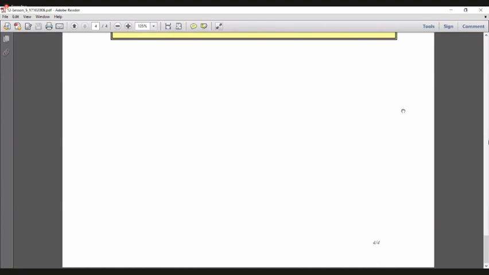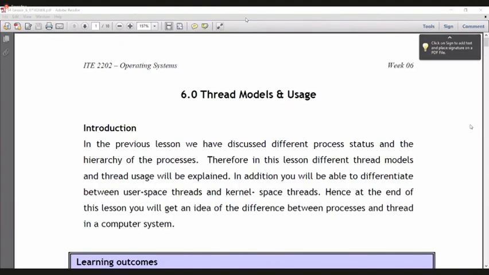Right. So do you need a break or can we continue with the next lesson? Right, now you can see lecture 6. Here we are going to talk about thread models and usage. In the previous lesson we discussed different process states and the hierarchy of the processes.